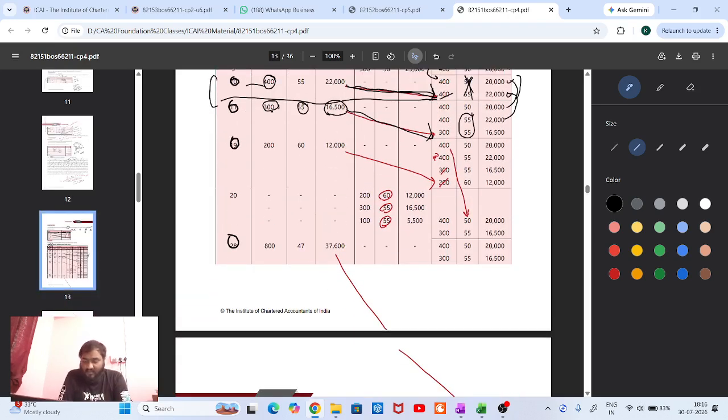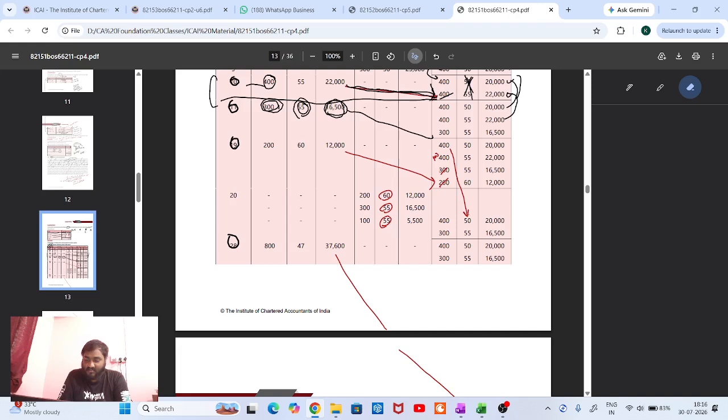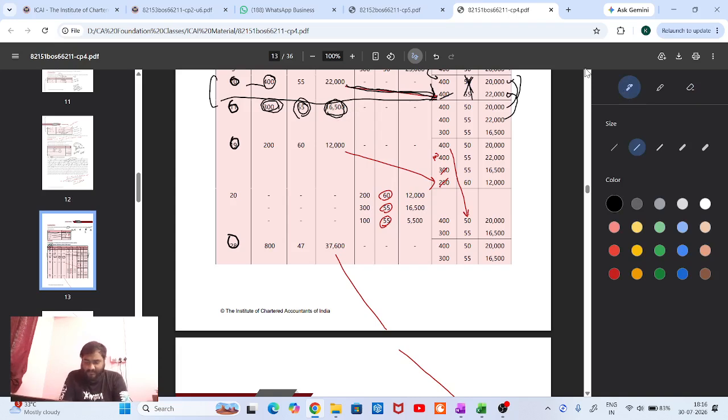Okay. 300 of 55 rupees, 16,500 goes directly downside of this thing. My English is becoming awful each day. I don't know what is happening. And after this, we have again purchased something.